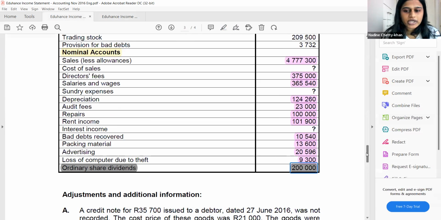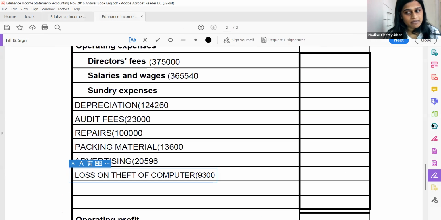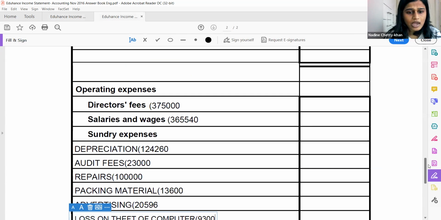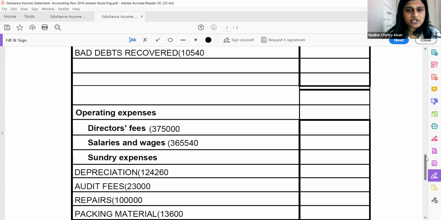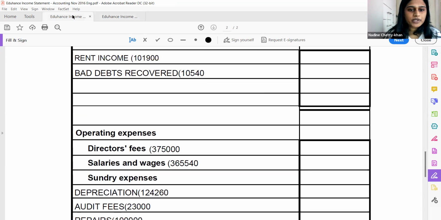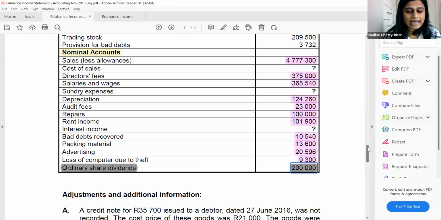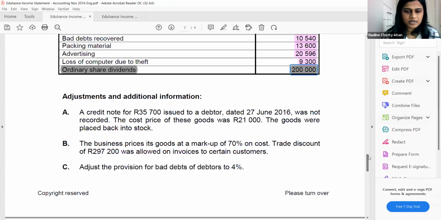Okay, so can you see how nice it is? Now I know 1, 2, 3 items are missing and I still have to get to them. Okay, this is step 1. Step 1 shouldn't take you much time as it did with me. I was just typing it on the computer. Now let's do step 2. Step 2 is also a process I work as I go through the adjustments.